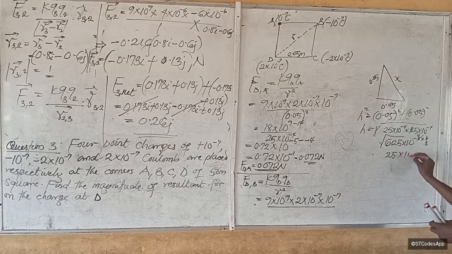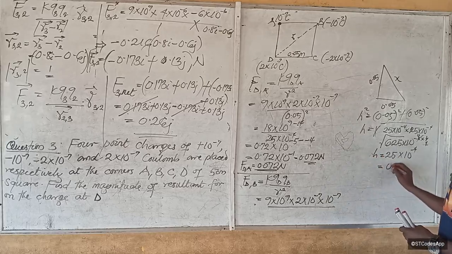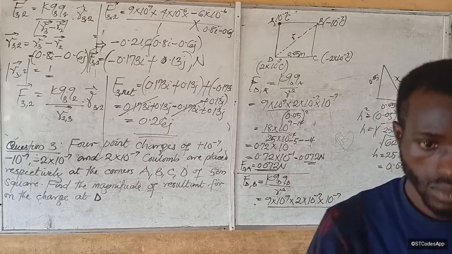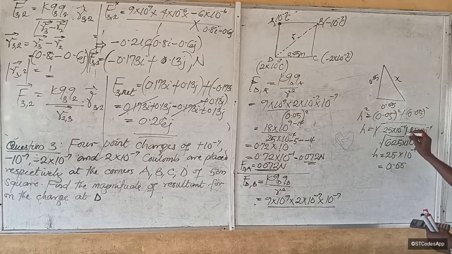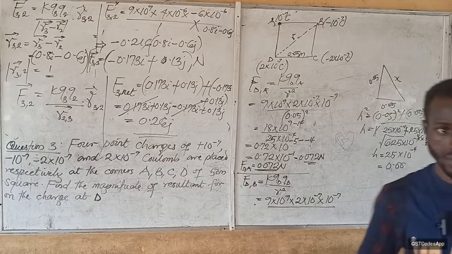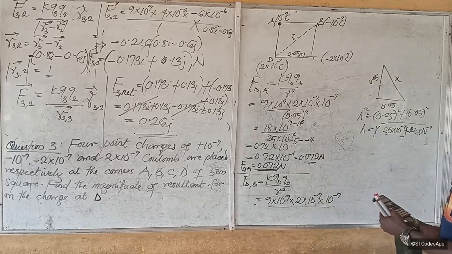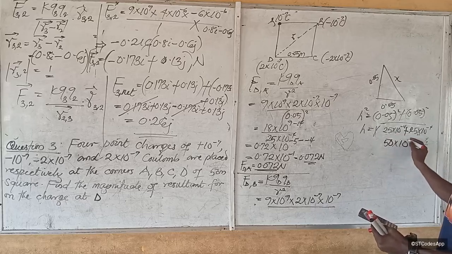I'm sorry, this is supposed to be plus. So 25 plus 25, that's 50 times 10 raised to the power minus 8.